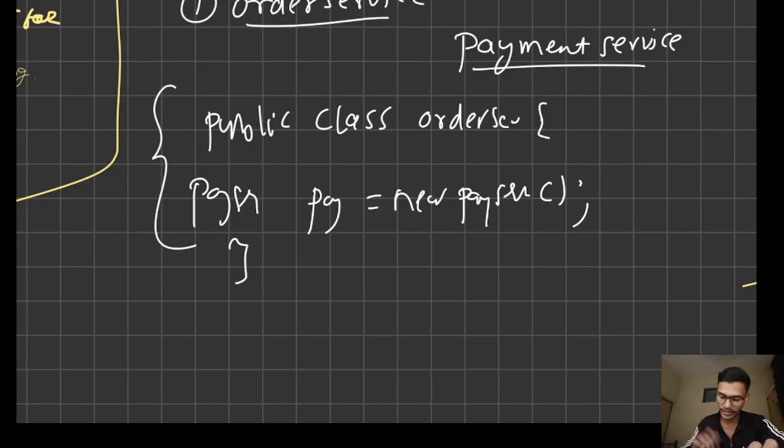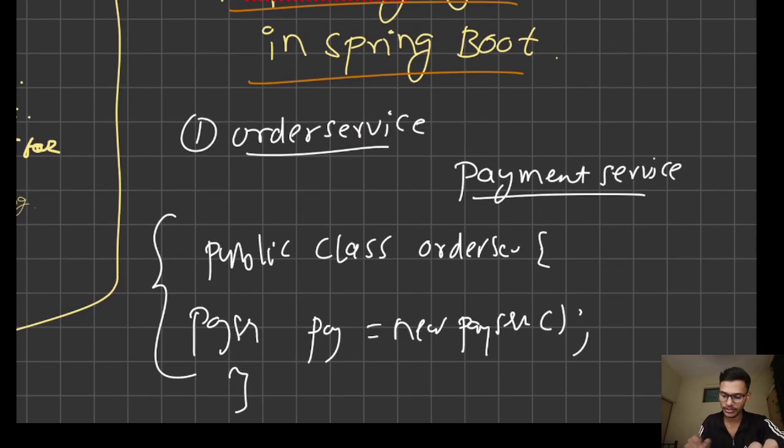Now here's where the problem comes: the order service is creating the object for the payment service. This is called tight coupling.